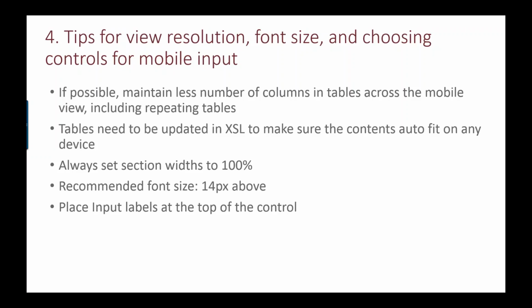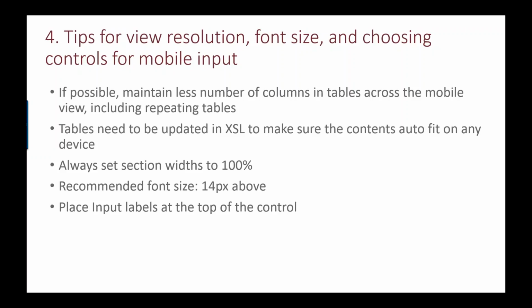So if you can, for example, make your repeating tables just use one column, and then maybe use multiple rows in that repeating table. In that case, you're going to be using a repeating section, I guess. Then I guess that's your best option.